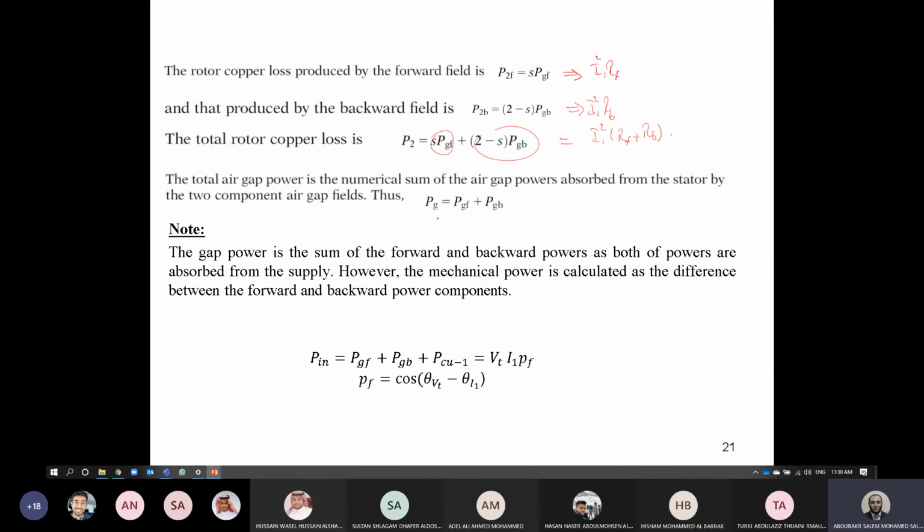And as we said, the gap power we can use in order to obtain the input power, it should be summation of the two terms. And this is our relation for input power as it is. طبعا يعني you have to take care that the input power equals V terminal I1 multiplied by power factor, and power factor is nothing but cosine theta V minus theta I.